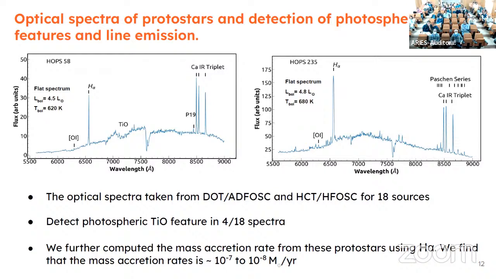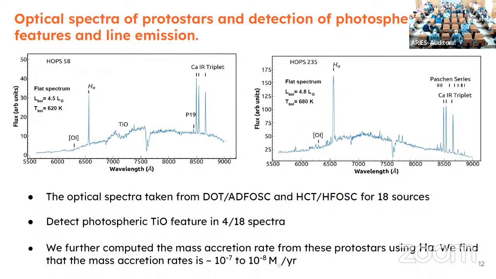But if you look at the spectra, and I want you to concentrate here, there's a titanium oxide band in the case of HOPS 58, while we don't see any such broadband absorption feature in the case of HOPS 235. This indicates that perhaps in the case of HOPS 58, we have definitely formed the photosphere, and the photosphere most likely is a late to early type M-dwarf, while in the case of HOPS 235, it could either be that the source is a more massive star, or a more massive star is forming at the center, or perhaps that the photosphere has not been formed.